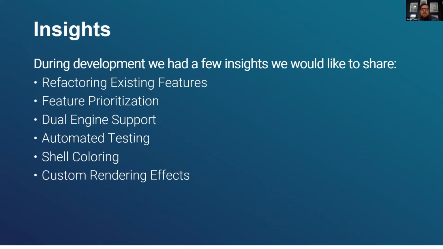We had a lot of automated testing to make sure that what the user is doing is predictable, so we can make changes without having to worry about breaking existing functionality. And some low-level rendering topics around shell coloring, as well as some custom rendering effects that we were using.